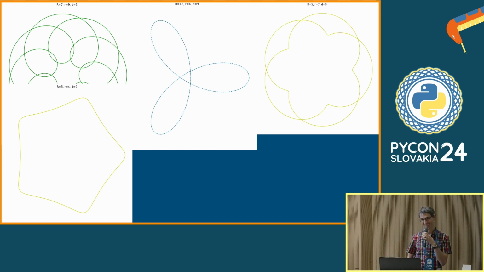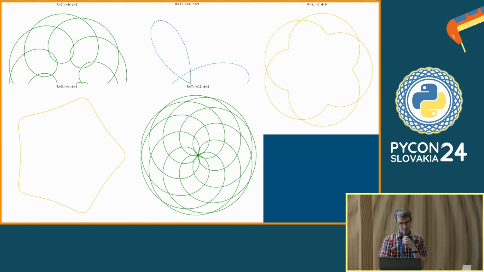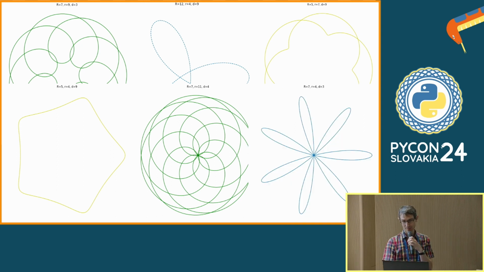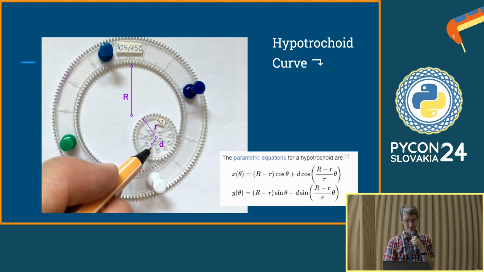I like this one since it looks like two intertwined curves, but it's really one smooth curve. This looks like some oriental motif, or this is what my children call Daisy. So that's it. It's surprisingly simple, a large wheel and a small wheel, and there is math behind this.